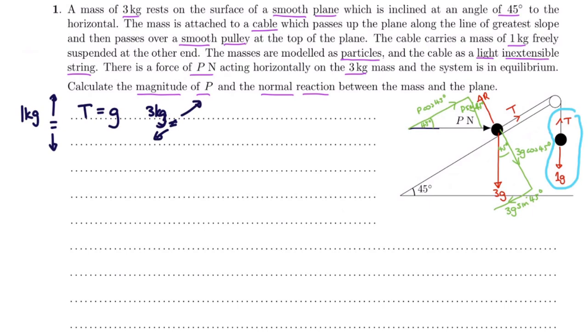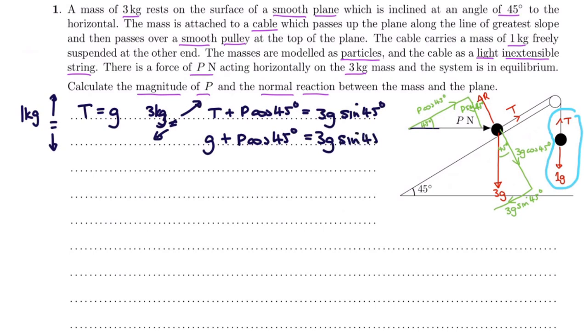The forces going up the slope are T and P cos 45, and the one going down the slope is 3G sine 45. Now, we already know that T equals G from the 1 kilogram mass, so therefore G plus P cos 45 equals 3G sine 45.